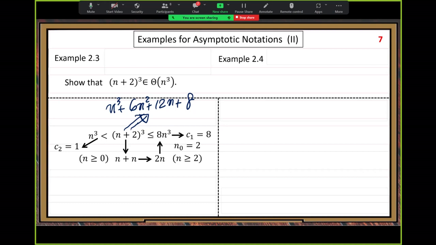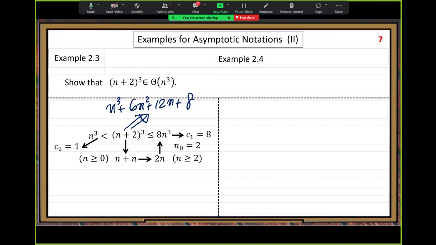But the problem is, after you do the expansion like that, finding an appropriate constant multiple of n cubed to be the upper bound is too hard, much harder. It's very hard to see. In a situation like this, do not do the expansion.